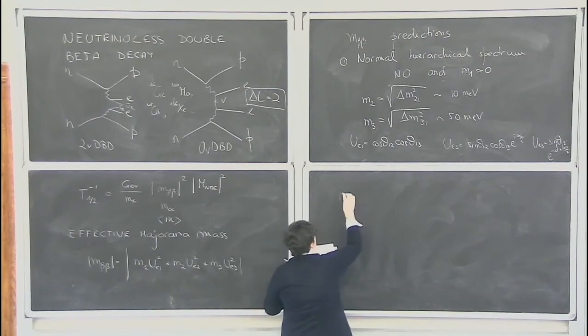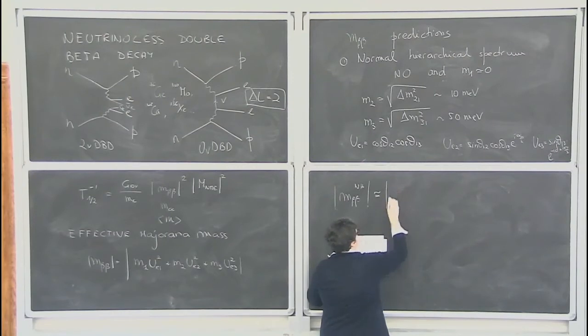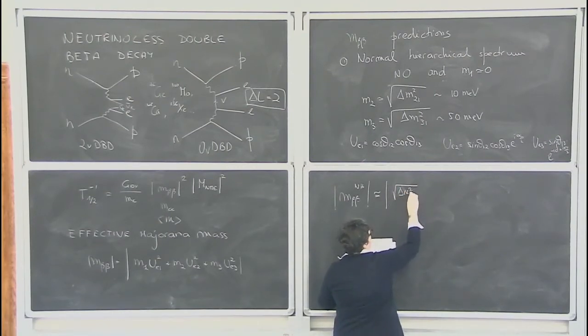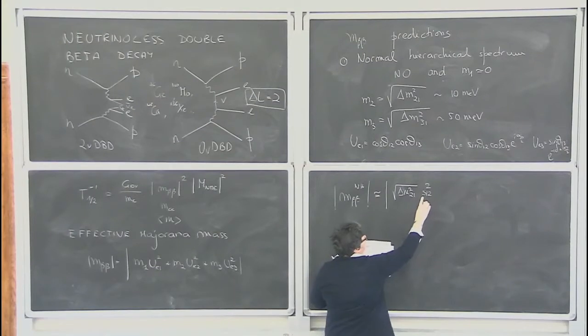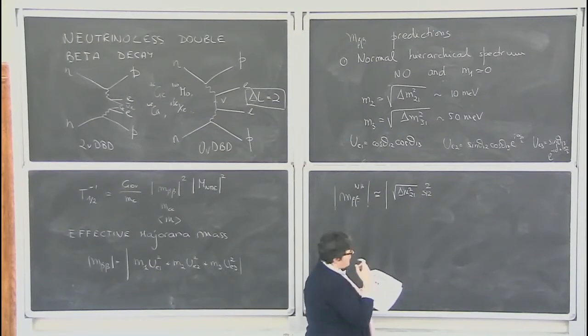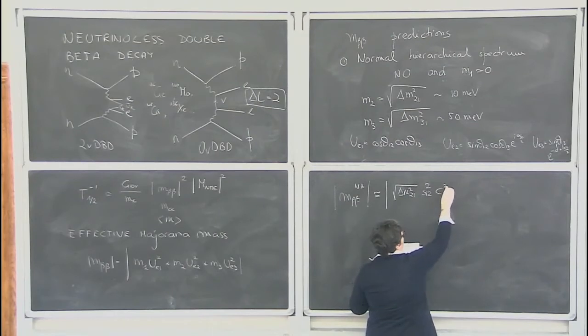So in this case, m beta beta, in the case of a normal hierarchical spectrum, is given by m1 we neglect, m2 is the square root of delta m squared 2,1, and then I have, let me use the shortcut, sine square of theta 1,2, cosine square of theta 1,3.